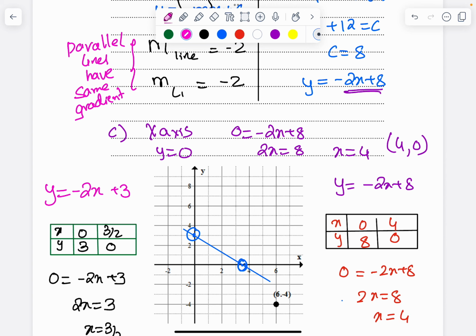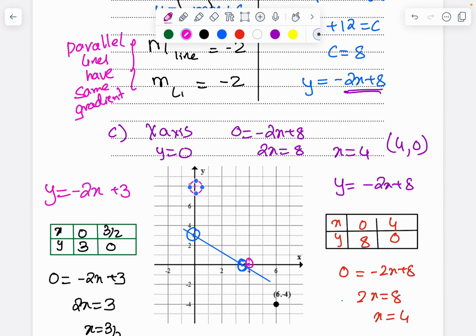So mark those 2 points: x equals 4, and then y equals 8.